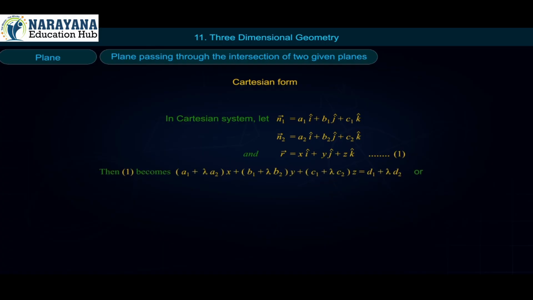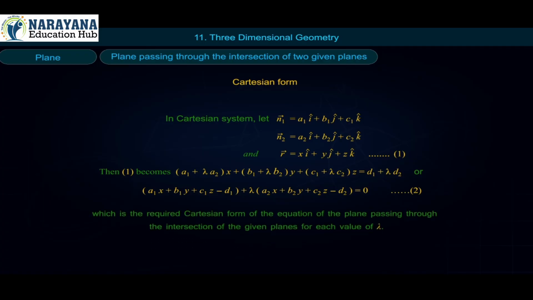Then equation 1 becomes (a1 + lambda a2)x + (b1 + lambda b2)y + (c1 + lambda c2)z = d1 + lambda d2, or (a1x + b1y + c1z - d1) + lambda (a2x + b2y + c2z - d2) = 0, equation 2, which is the required Cartesian form of the equation of the plane passing through the intersection of the given planes for each value of lambda.